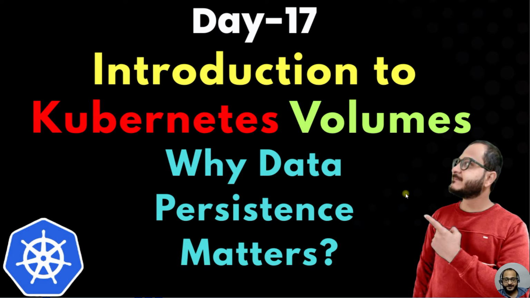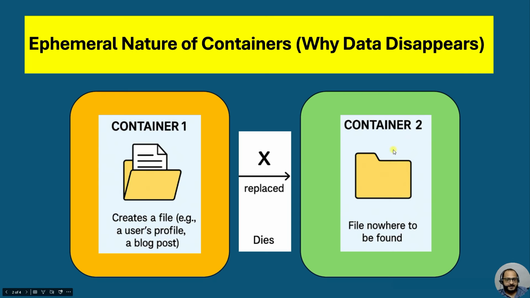So why do we need volumes? In this diagram, I have two containers, container 1 and container 2. And as we know, containers are temporary, short-lived, or we can say ephemeral in nature. Because when we create a Kubernetes container, it lives for a short duration.